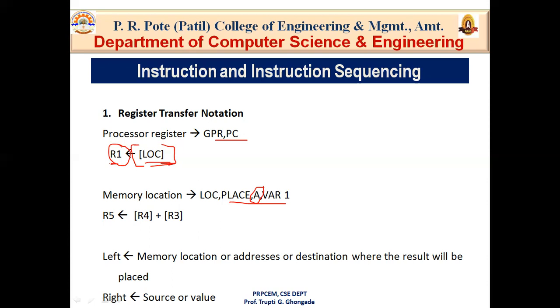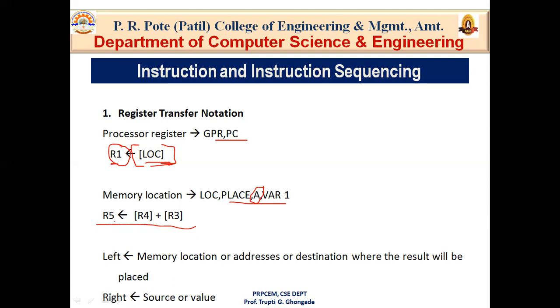Now, data transfer from register to register. How will we write it? We will write it like this: R4 plus R3, and the result will be stored into register R5.